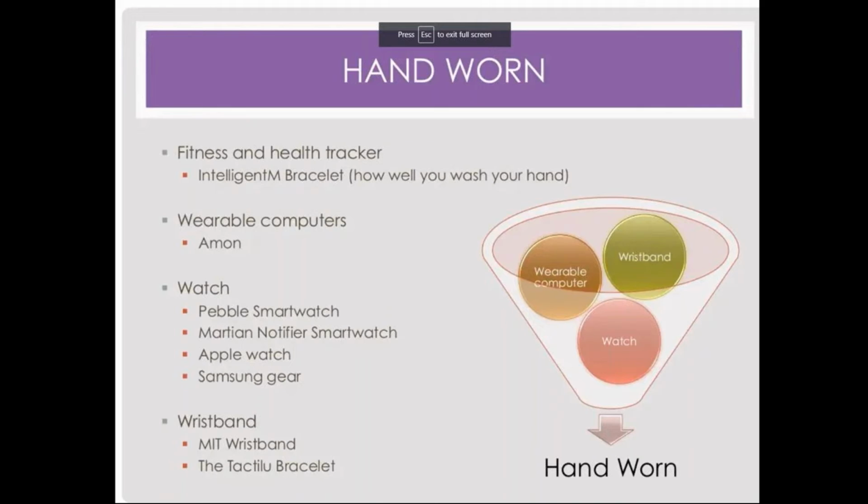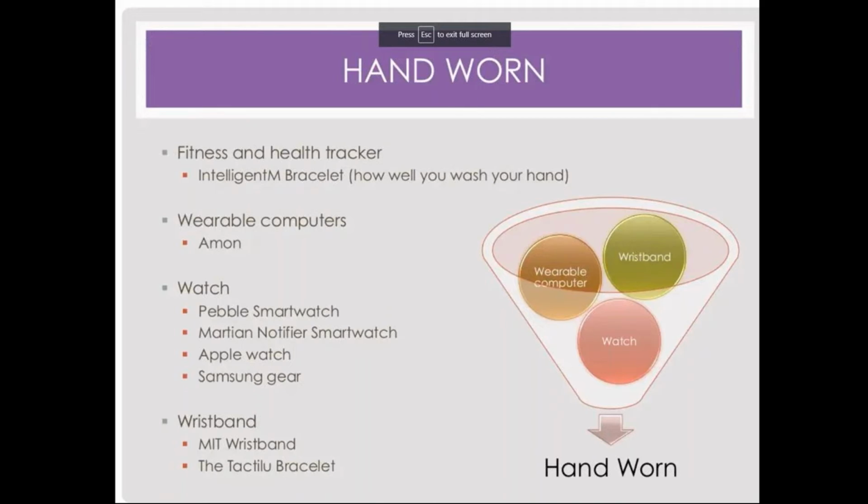So there is a smart bracelet, the intelligent M bracelet, which helps you monitor how well you wash your hands. It is a fitness and health tracker. There is a wearable computer, M-on. There are watches. Smart watches are limitless.